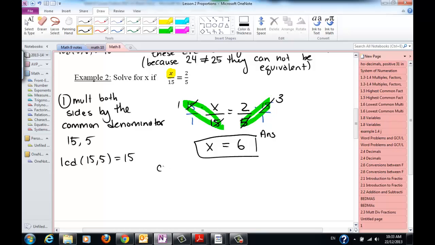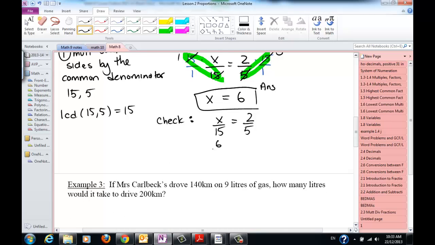I can always check this. If I substitute x back in, so before we had x over 15 is equal to 2 over 5, now I've got 6 over 15 is equal to 2 over 5. Notice that the right-hand side is already in its most reduced form. If it's not, you can reduce it.